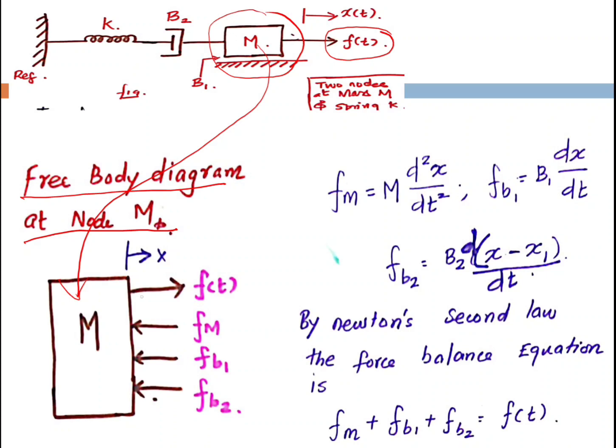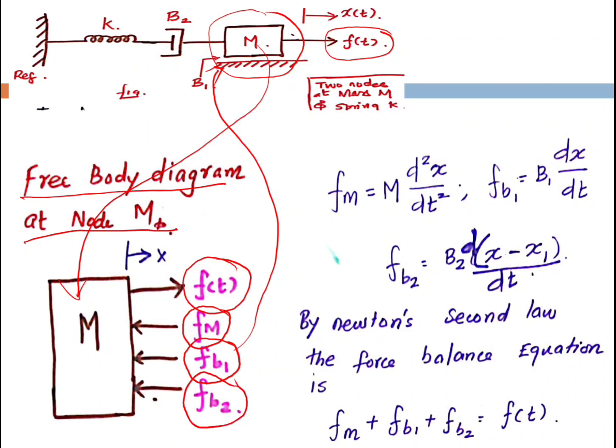Hence, f of t is the applied force and Fm is the opposing force related to mass element m. Fb1 is the opposing force related to friction, and Fb2 is the opposing force related to the dashpot.